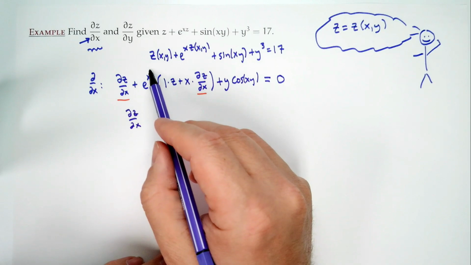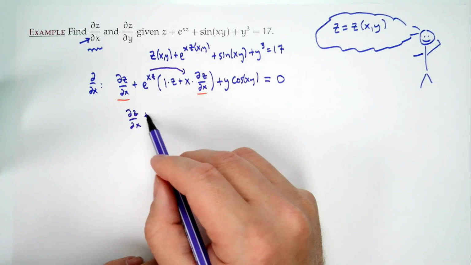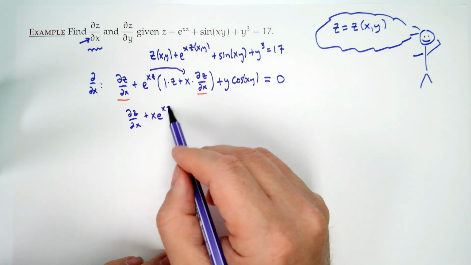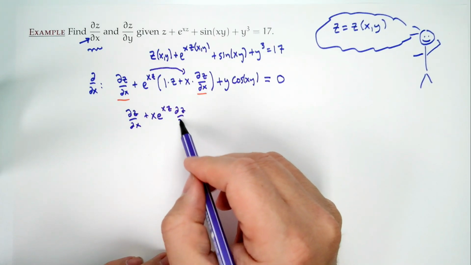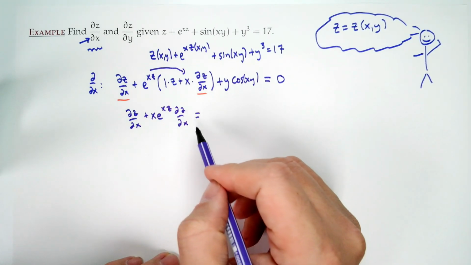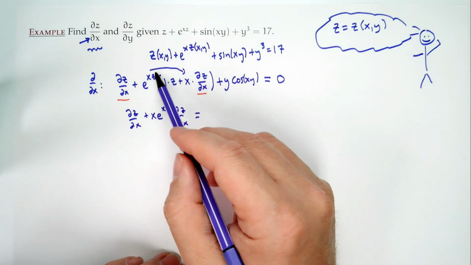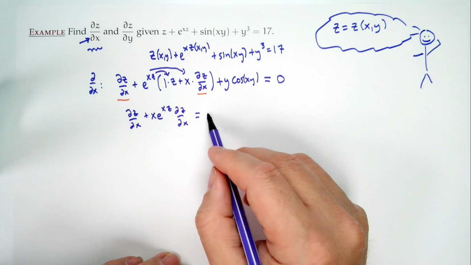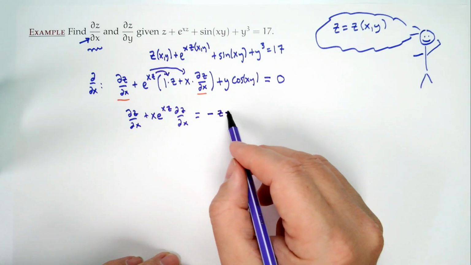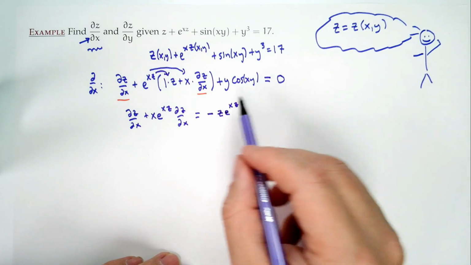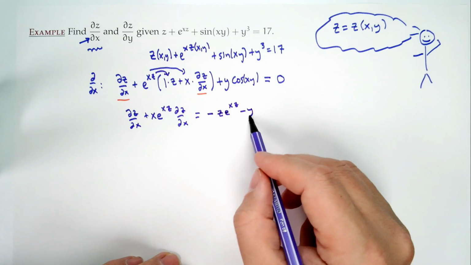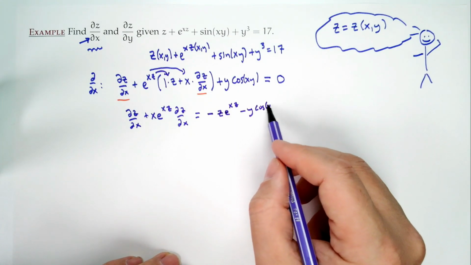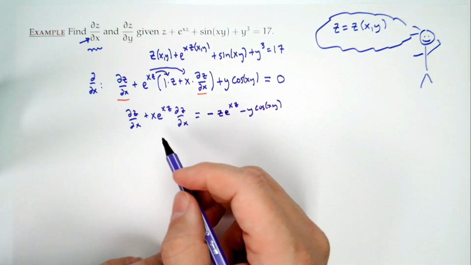So partial z partial x, and then we have plus x e to the power xz partial z partial x. And that's going to be equal to, well, this term, but then moved across. So minus z e to the xz, and then here, minus y cosine of xy.